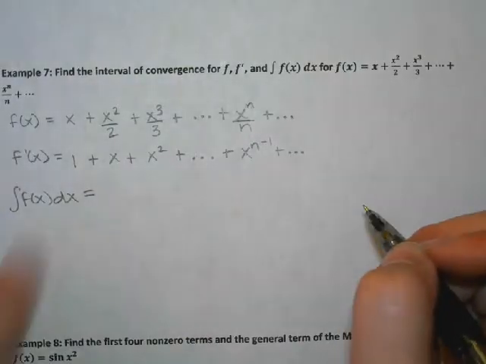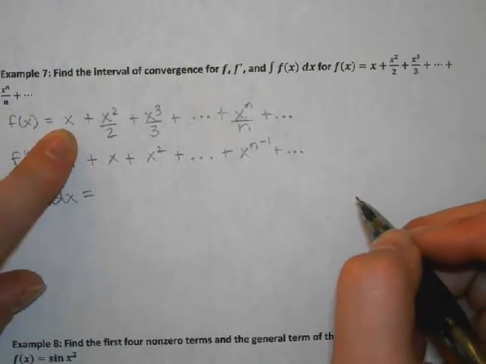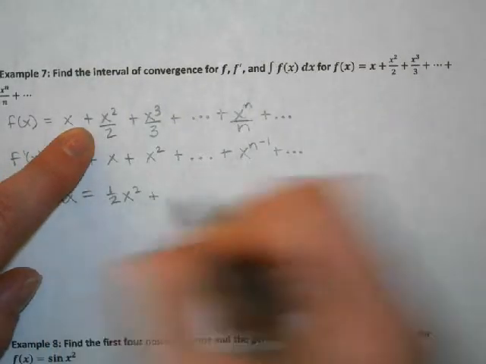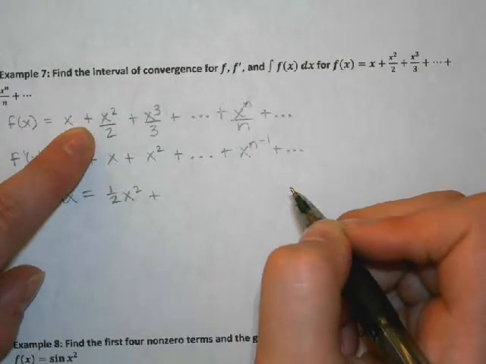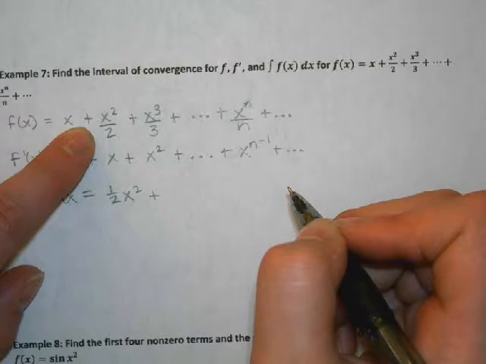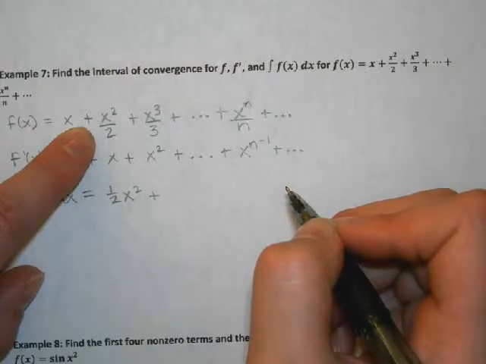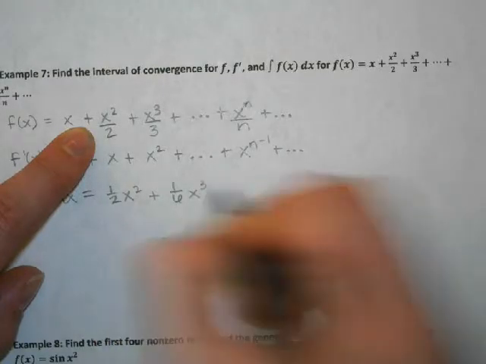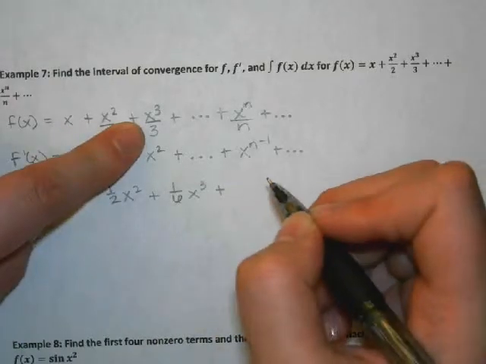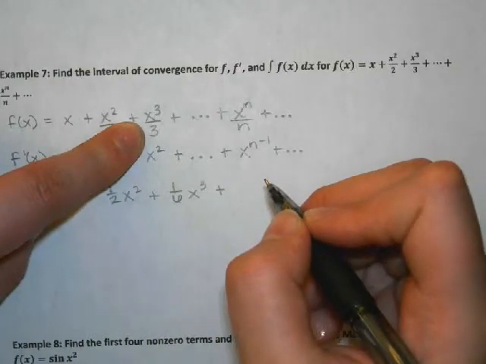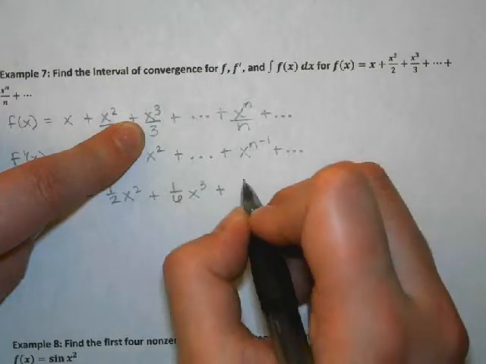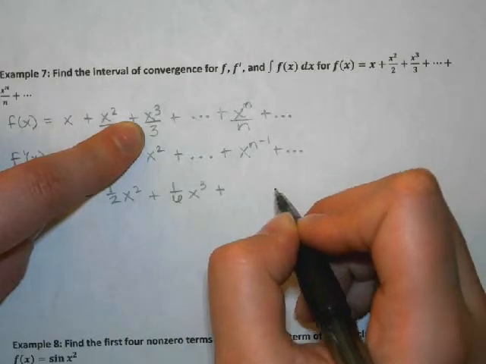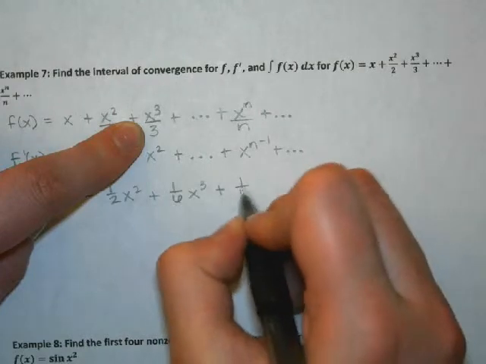All right, and then the integral of this, 1/2 x squared, 1/6 x to the third, 1/12 x to the fourth.